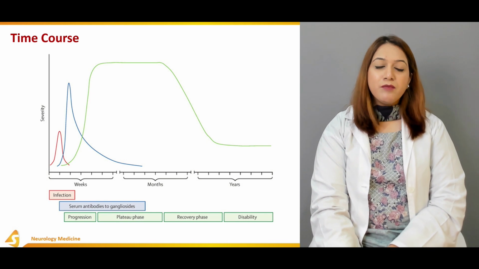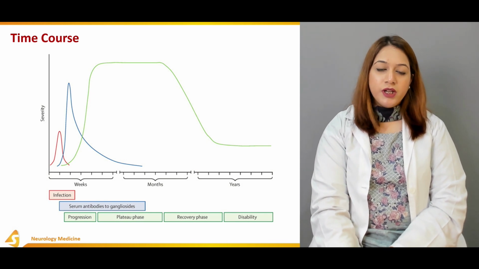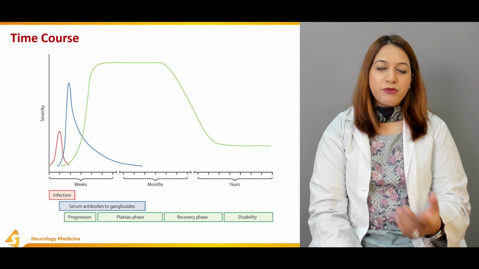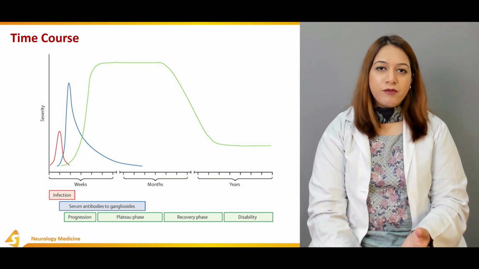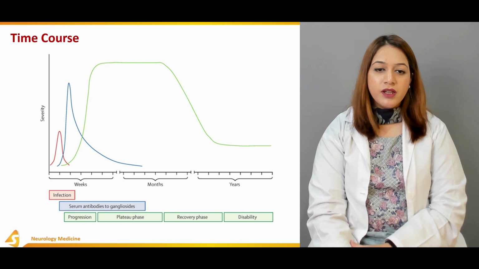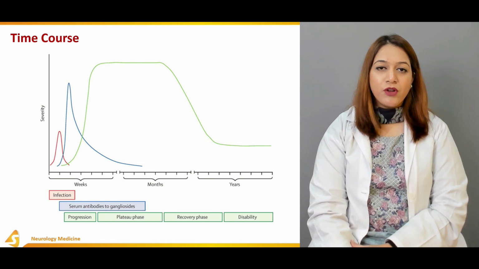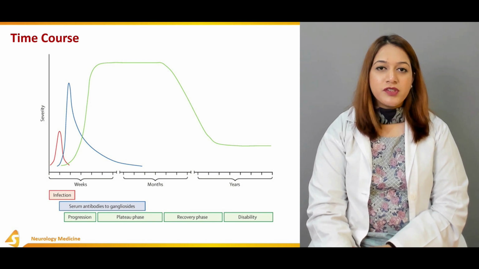If we see the time course of GB syndrome, the patient usually presents following an acute illness with gastrointestinal or respiratory illness, and they present 2 to 4 weeks following that infection. The infectivity period stays for 3 to 4 weeks, and after that the progression of the symptoms begins.